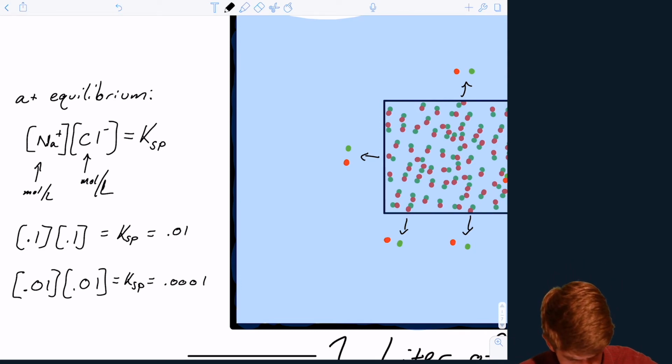It means that my Ksp value is going to be lower.